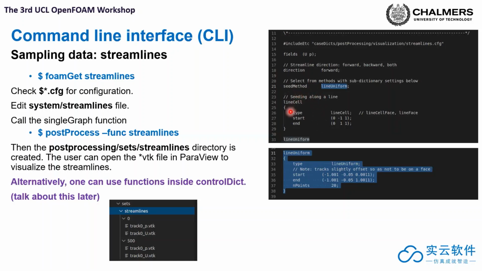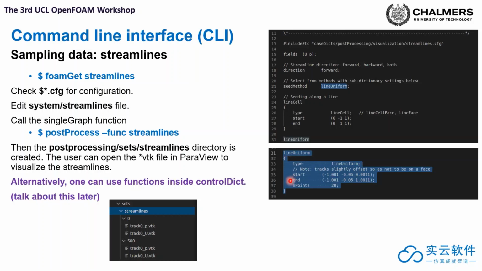This one provides a lot of different methods like line cell and others. But in this case, we use line uniform. So you put this line uniform after the seed method entity, and the detailed definition is in this line uniform block: the starting point, end point, and the resolution, which is the number of points.